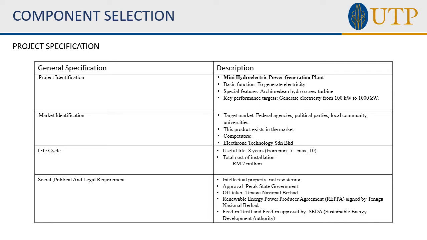And the off-taker is Tenaga Nasional Berhad, where TNB will provide the commissioning parts for our hydroelectric power generation, as well as the renewable energy power producer REPPA signed by TNB, and the feed-in tariff and feed-in approval by SEDA.